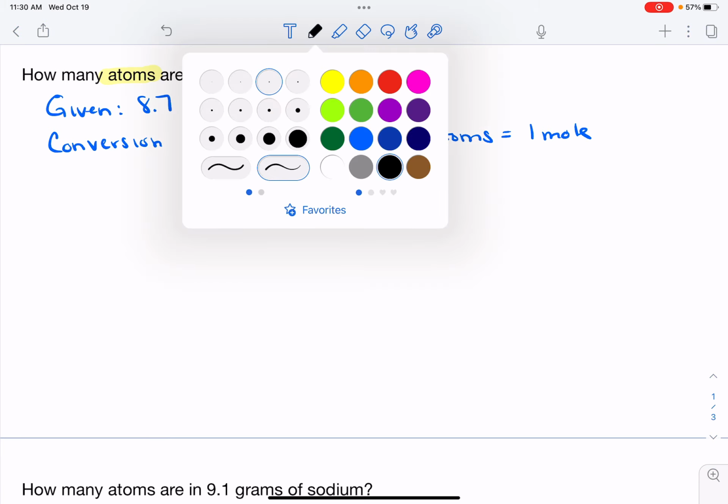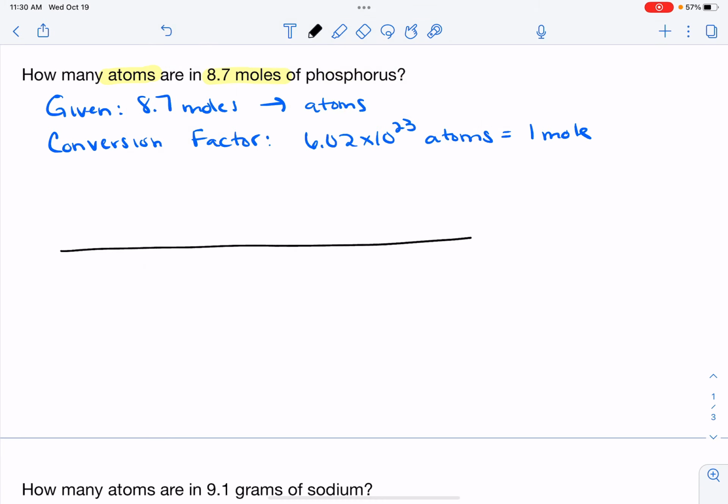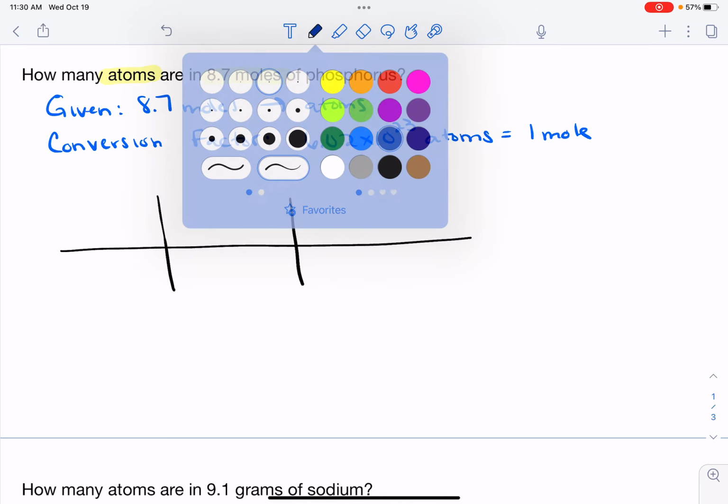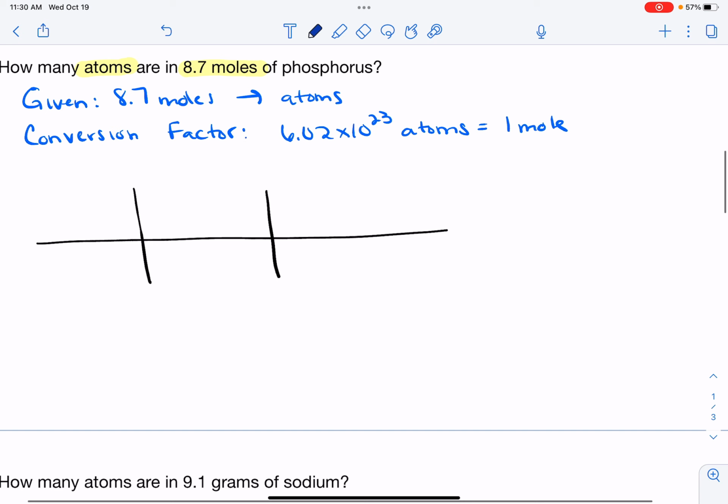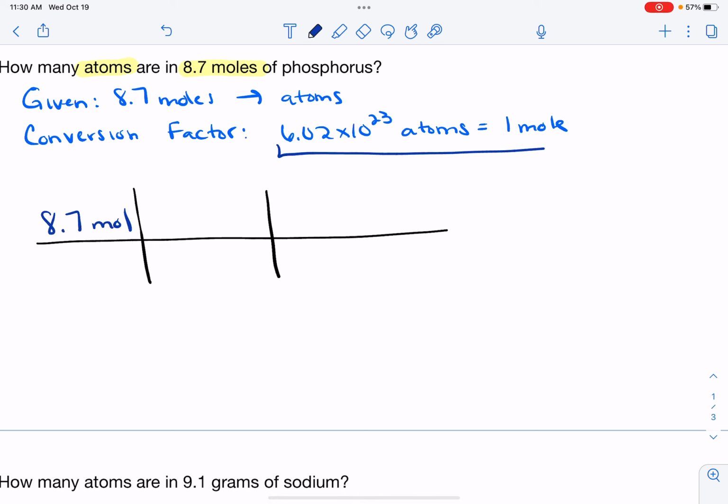So now I have my given and I have my conversion factor, so I'm going to go ahead and make my train tracks. As always, I put my given in that top left, 8.7 moles. Don't forget to include your unit. And now I'm going to look at this conversion factor. This time I have moles on the top, which means I want moles to cancel.